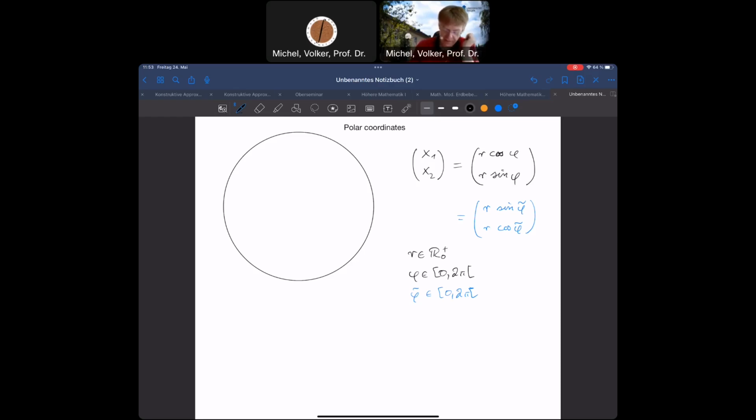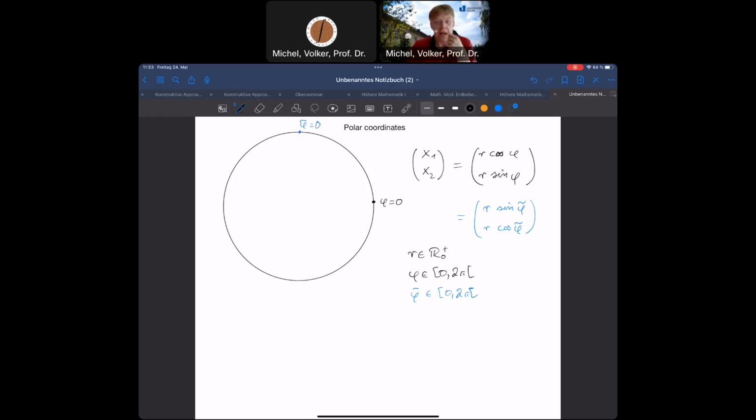I will still adhere to the unit circle here. So this would be the case where you have phi equals 0. Again, because cosine of 0 is 1 and sine of 0 is 0, the other version starts at the point 0, 1. So this is what phi tilde equals 0 gives you.